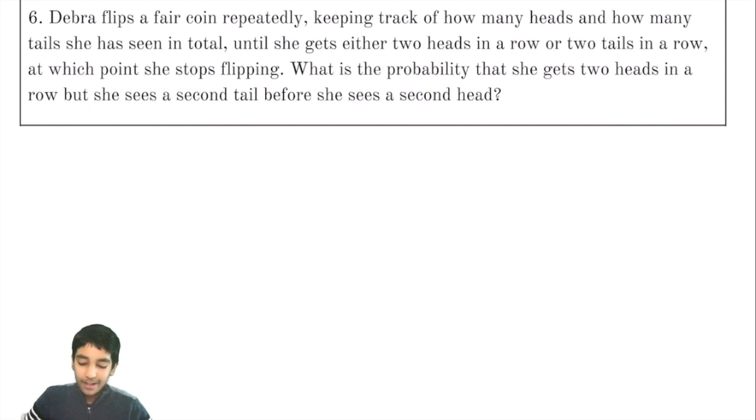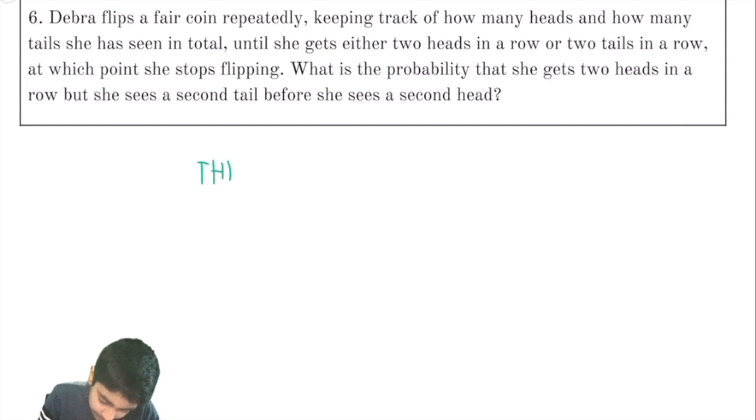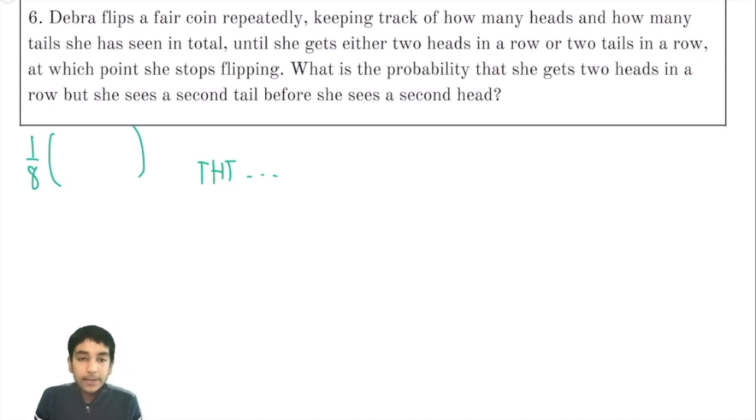So basically, for this problem with states, just like earlier, we have to have THT in the beginning, no matter what. And we're just going to multiply by 1/8 to whatever probability we have in the middle. And after THT, what can we have?